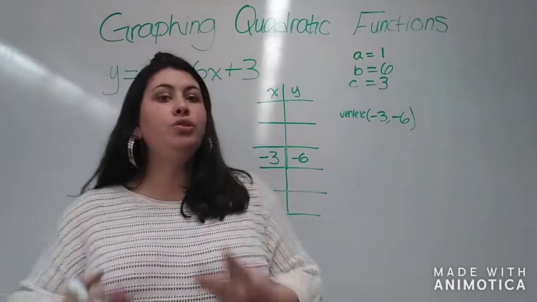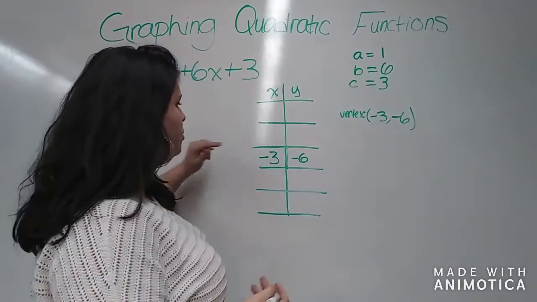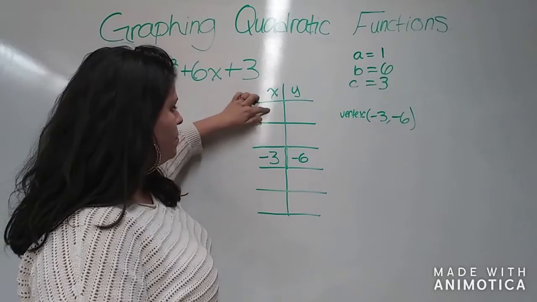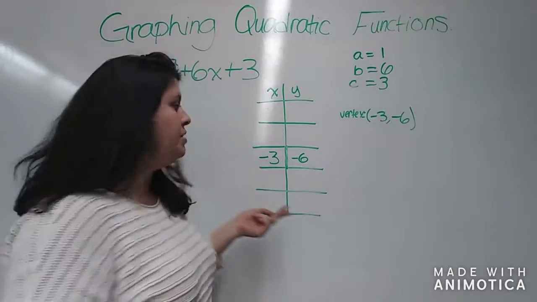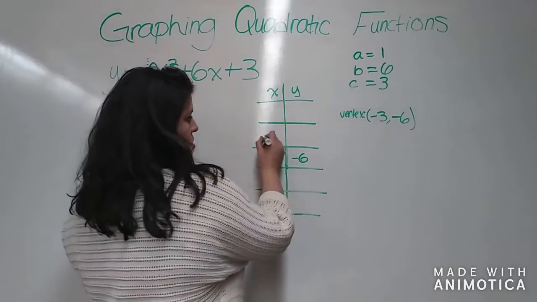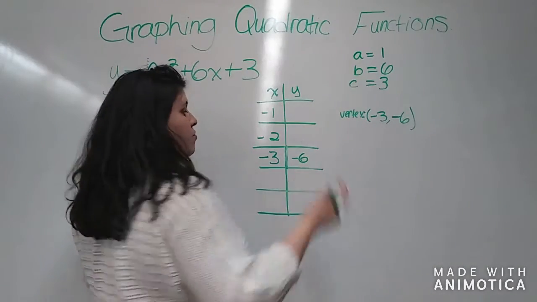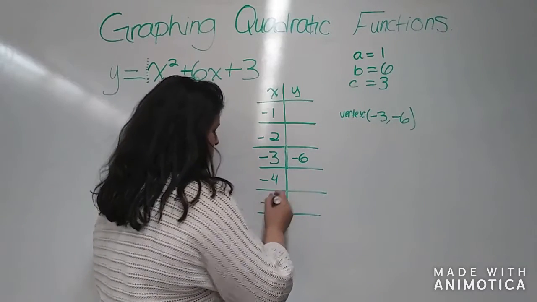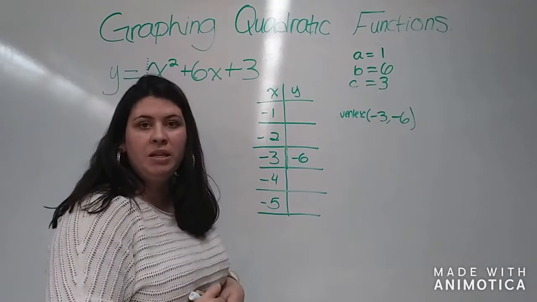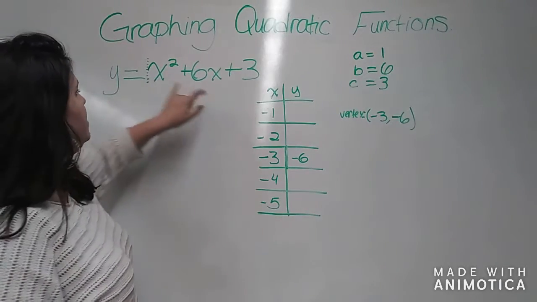Now, I'm going to choose x's, and I want to choose them, some of them less than and some greater. We don't have to get crazy. We have negative 3 here, so let's go negative 2 and negative 1. And over here, just the next ones, negative 4, negative 5. Easy peasy. Now, we'll plug in all these x's here.